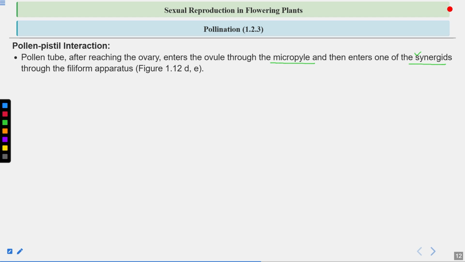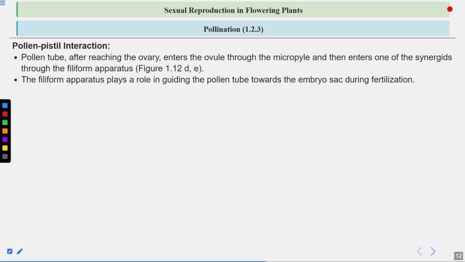In the synergid, there is a structure called the filiform apparatus. This filiform apparatus plays a role in guiding the pollen tube towards the embryo sac during fertilization. It is actually guiding the pollen tube to enter the synergid cell through the filiform apparatus.